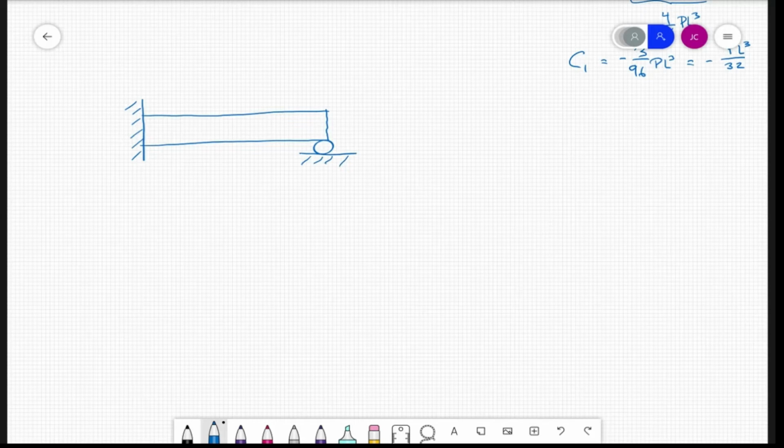Again, let's put the load right here at the middle. So this is going to be L on 2, L on 2, and EI. So same as before, but we just made it fixed at the other end, right?